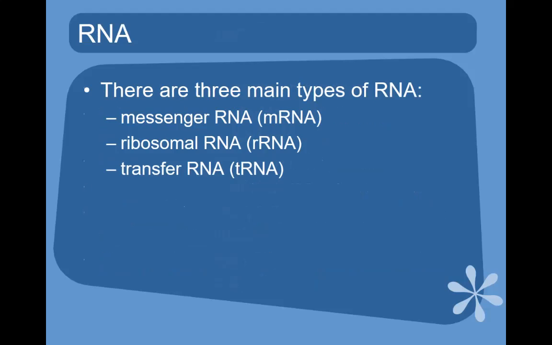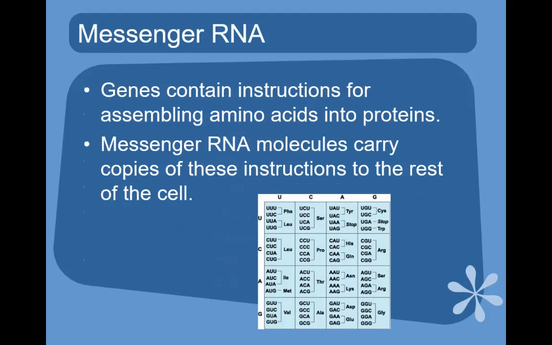Okay? We'll start out with messenger RNA. These are the instructions to build the actual proteins in terms of the order of amino acids. And this is largely because we don't want the DNA to leave the nucleus. So we transcribe a copy of mRNA off the DNA sequence.